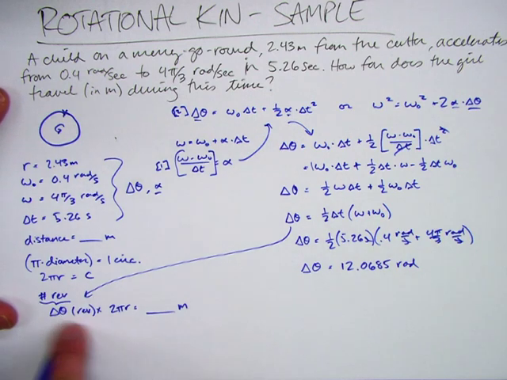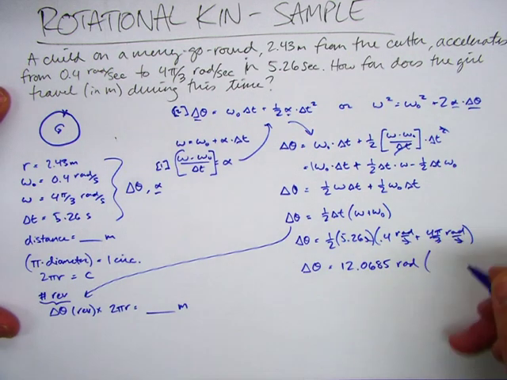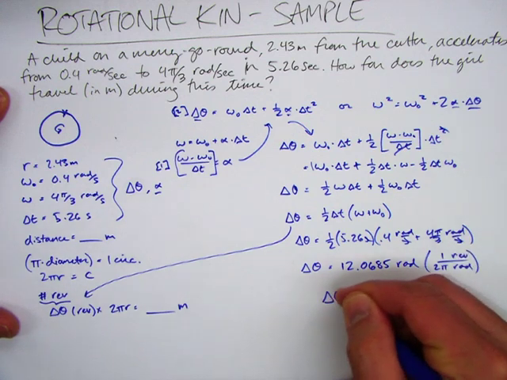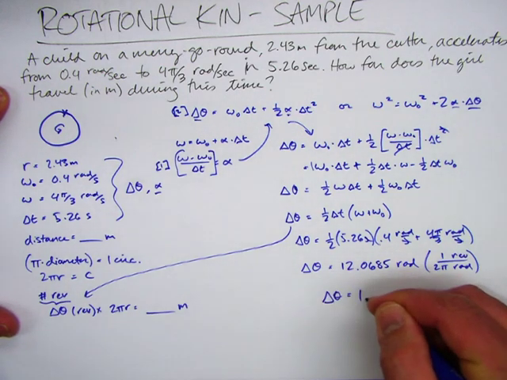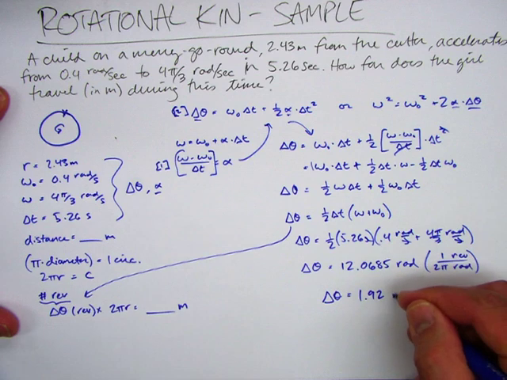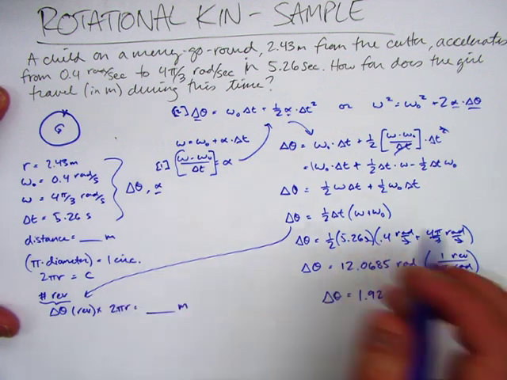Now, in order to count revolutions, since I need the number of revolutions times the circumference, I'm going to convert this to revolutions. So 2 pi radians per 1 revolution. My delta theta in revolutions is 1.92 revolutions.